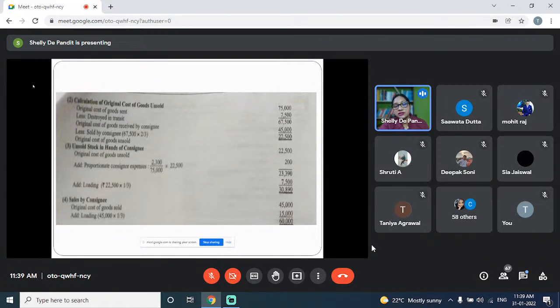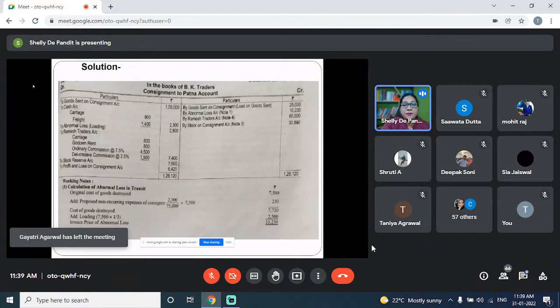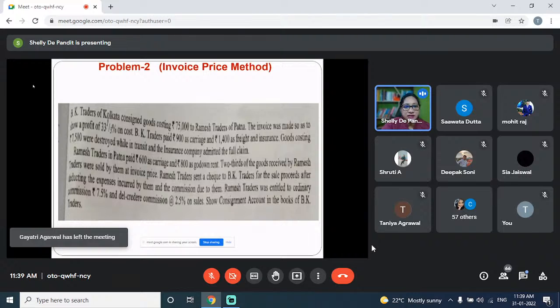Now, what is happening here? That original cost of goods sold is 45,000, because just go through the sum once again. 2/3 of the goods received. First of all, we have to know how many goods were received by the consignee. Just concentrate on the cost price, not the invoice.